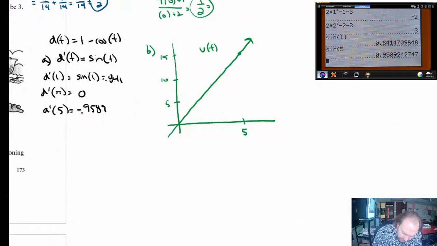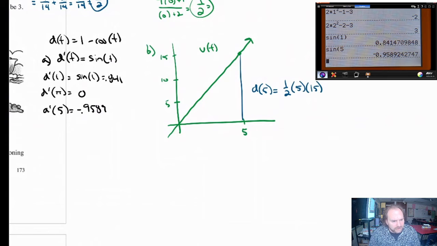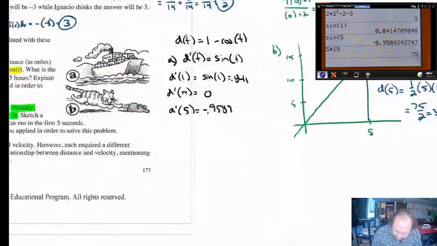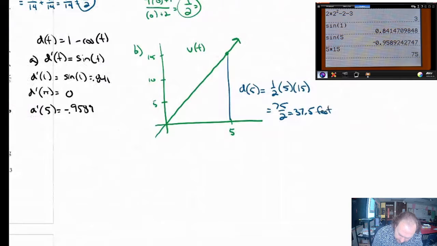And so if we want distance, we've got to find the area under the curve, which in this case would be, your distance d of 5 would be 1/2 times the base, which is 5, times the height, which is 15. 5 times 15 is 75. And so this is 75 over 2, which is 37.5. And since the cat is running at feet per second, this would be feet.